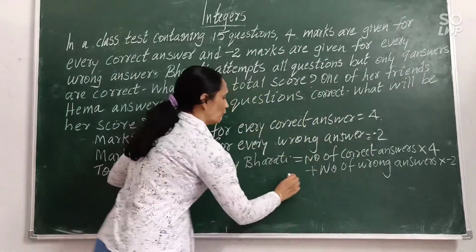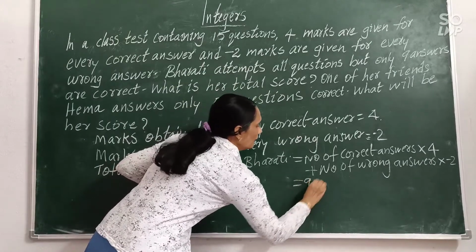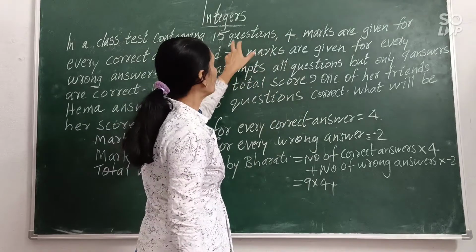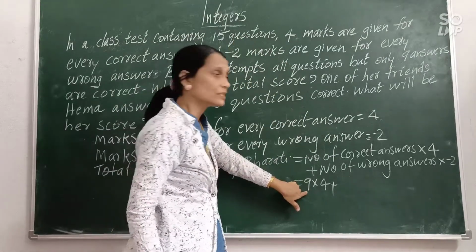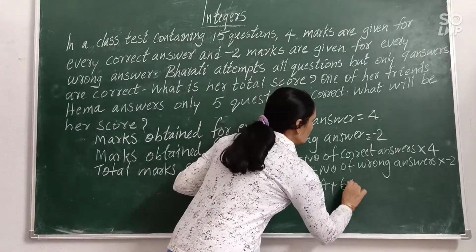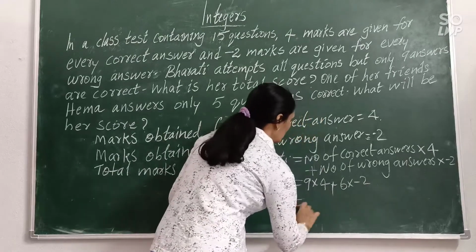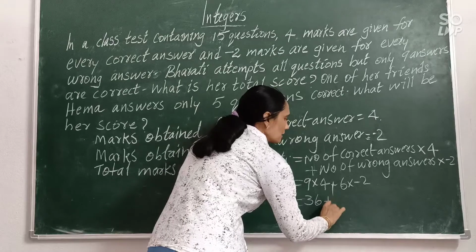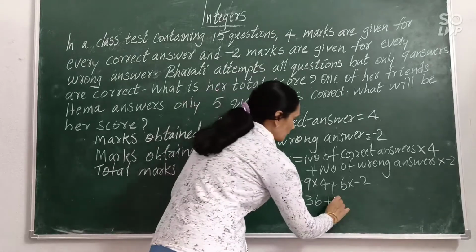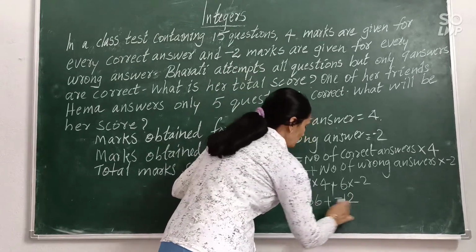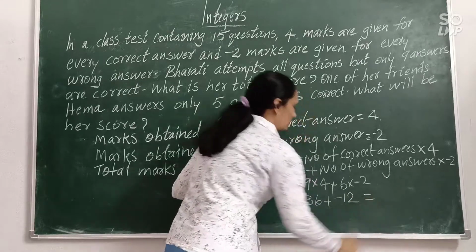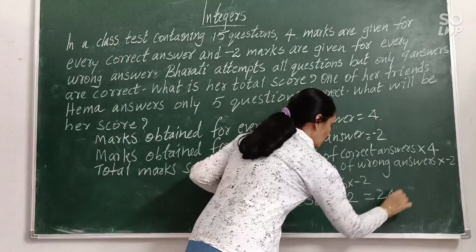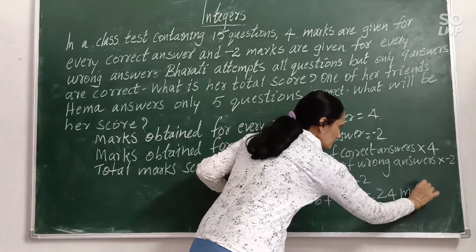So 9 into 4 plus, if 9 correct means how many wrong? 15 minus 9, that means 6 wrongs. 6 into -2. So what is the answer? 9 into 4, 36 plus 6 into -2, that is -12. 36 minus 12 is equal to 24. Okay, she got 24 marks.